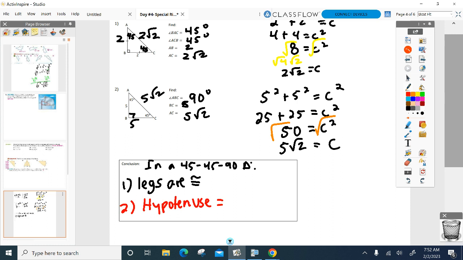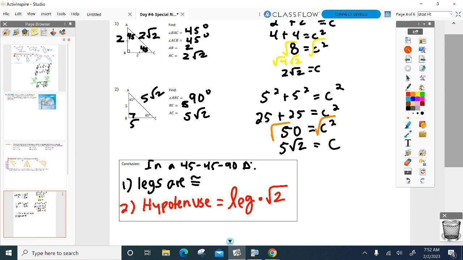The value of the legs with radical 2. Okay, it's going to be whatever the leg is, leg times radical 2 always. So that's how you find the hypotenuse in a 45, 45, 90. It's going to be the leg, whatever the leg is, times radical 2.